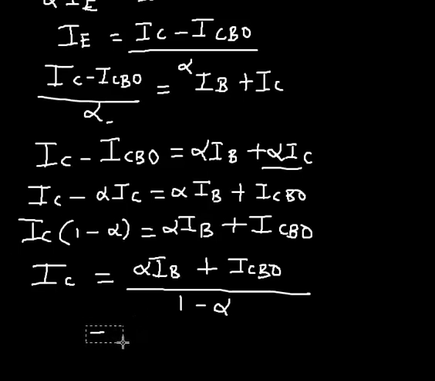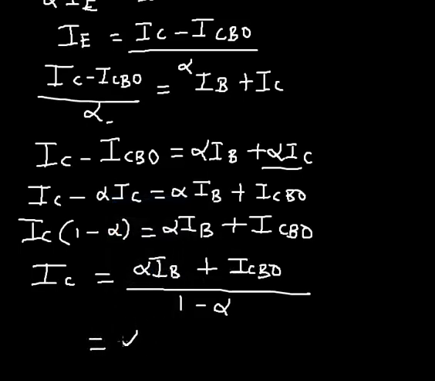You can separate the fraction or leave it that way, but it is ideal for us to separate the fraction, so that we separate the leakage from the majority carriers.